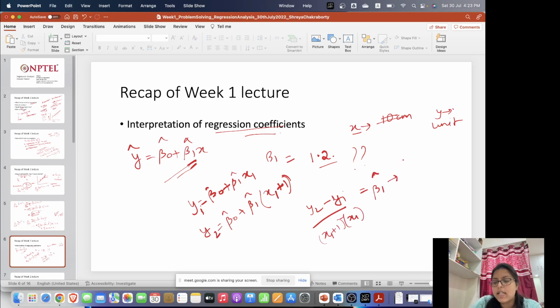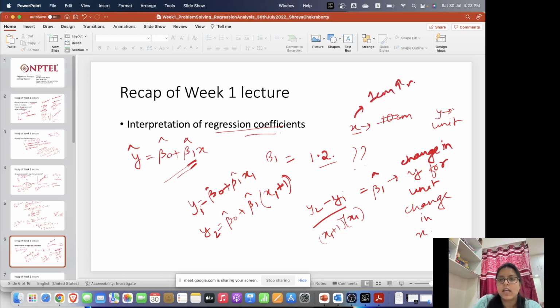So it represents the change in y for unit change in x. So for that rainfall example, if I say that for 1 centimeter increase in rainfall, the yield increases by 1.2 units.